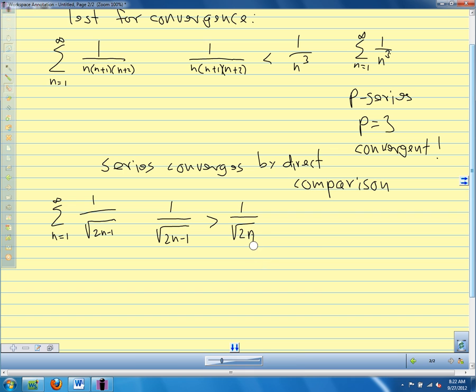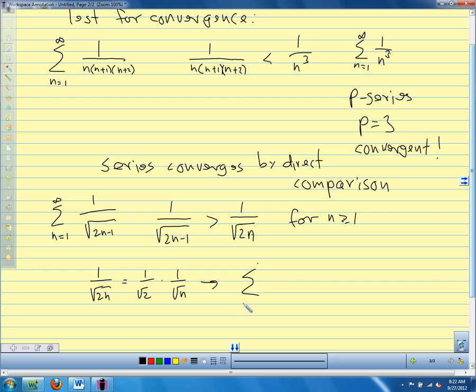We all agree on that? And this is for n greater than or equal to 1. And 1 over square root of 2n equals 1 over the square root of 2 times 1 over square root of n.